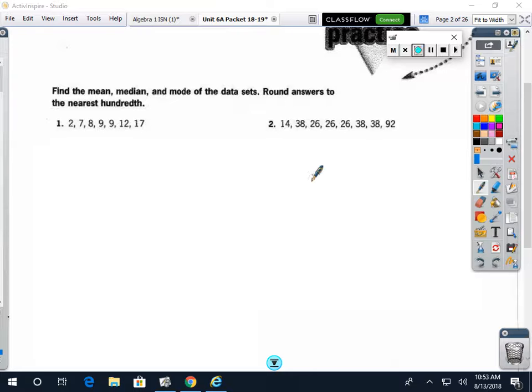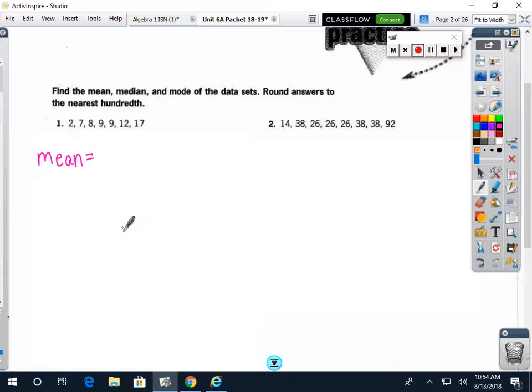All right, number 1, the directions say, find the mean, median, and mode of the data sets. Round answers to the nearest hundredth. So 2 places after the decimal point. Now, to find the mean, what do we need to do first? Correct.